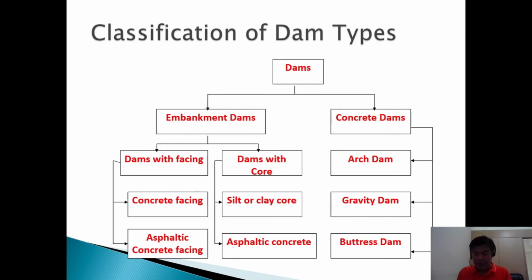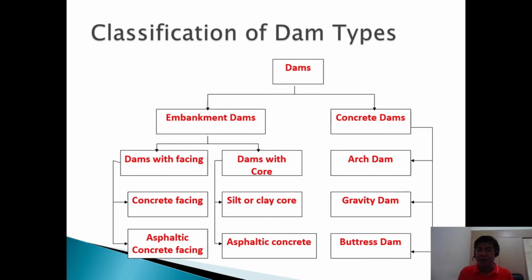So here are the classifications of dams. We have the embankment or the earth dam as we know it, and you also have the concrete dams. Concrete dams are actually common to us. We have the arch dam, the gravity dam, the buttress dam, and there are also sub-classifications of dams based on type.